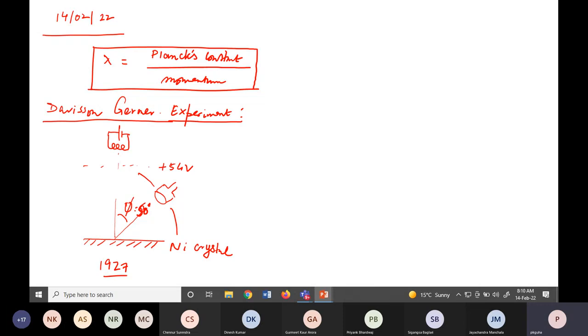We will discuss Bragg's experiment later in much more detail when we talk about XRD, the X-ray diffraction spectroscopy measurement technique. But let me briefly tell you, in Bragg's experiment, Bragg used X-ray to study the crystalline planes.